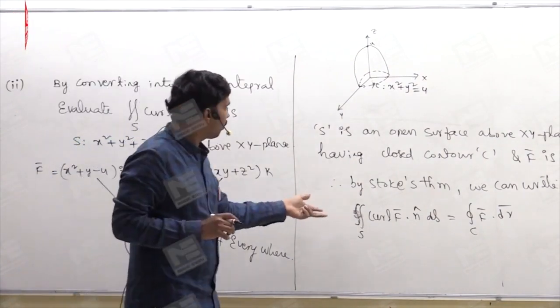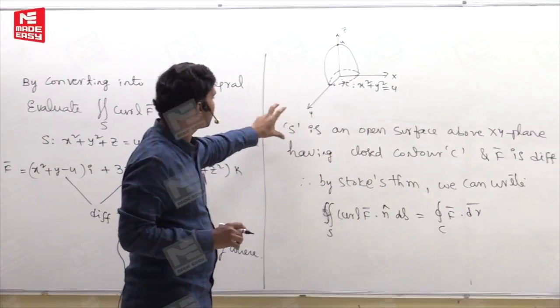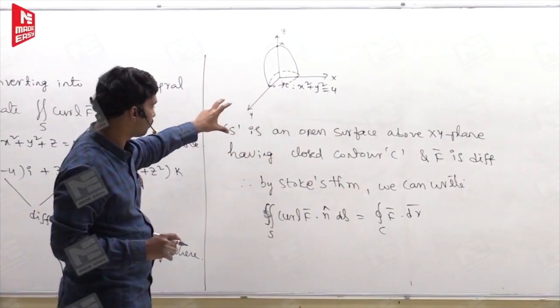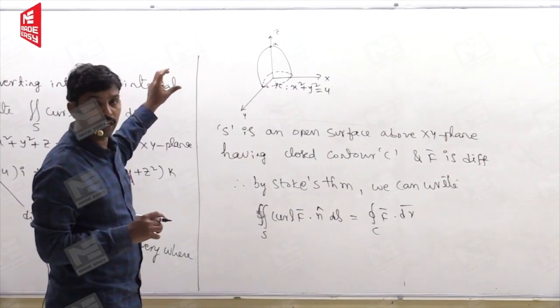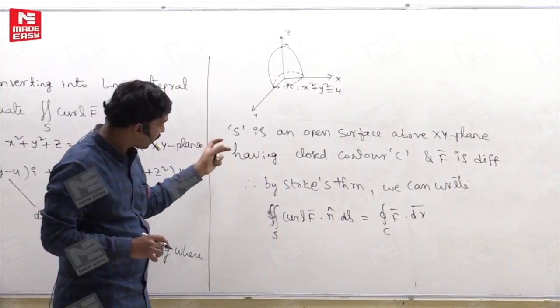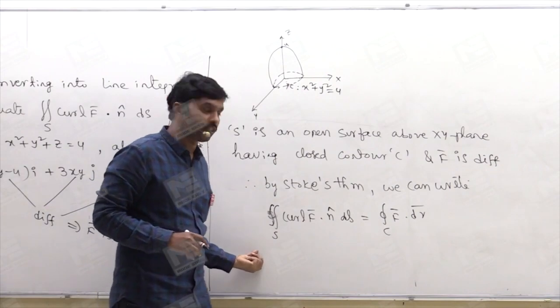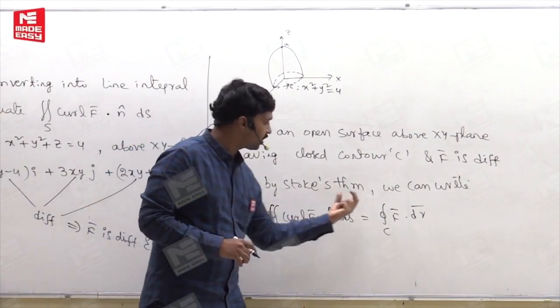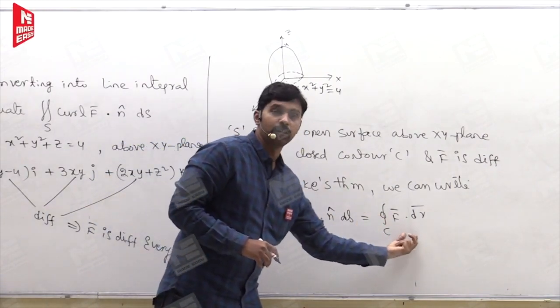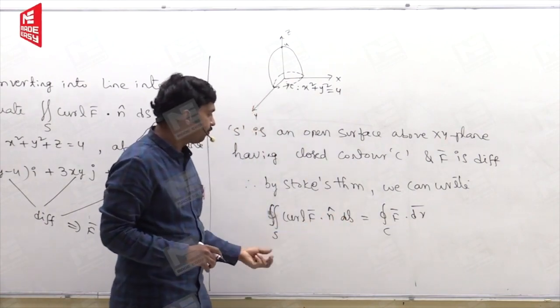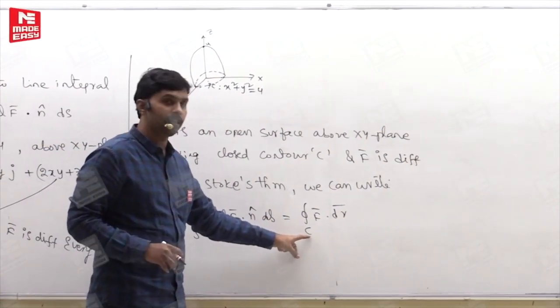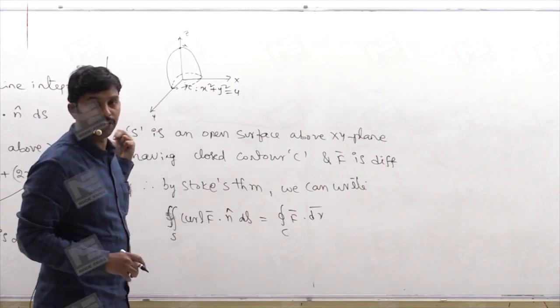Correct. So now, as it satisfies the conditions of Stokes theorem, by applying the Stokes theorem we can write the surface integral as a line integral here. So if you evaluate this, you will get the integral value.